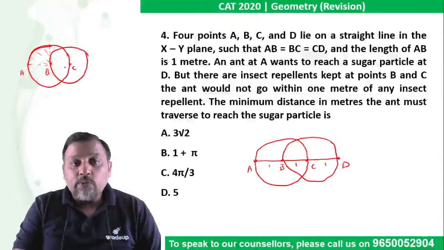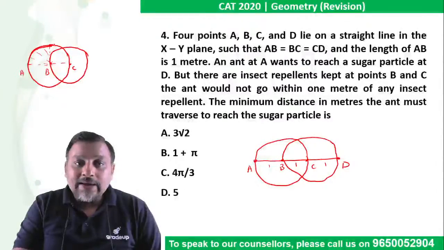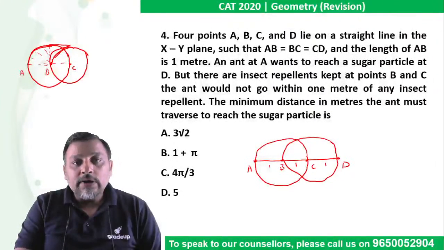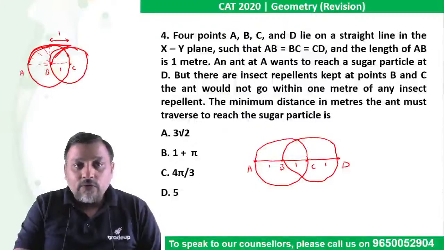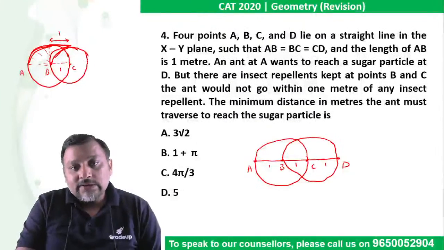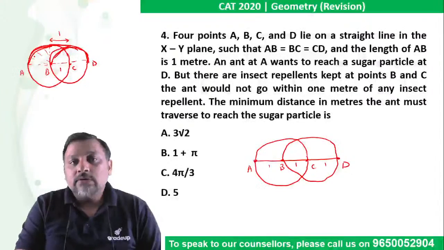and this is point C. So now ant can travel from B to C in a straight line. Since this is 1, so this much is also 1, and this is 1/4 of a circle, and same is this part. This is also 1/4 of a circle.